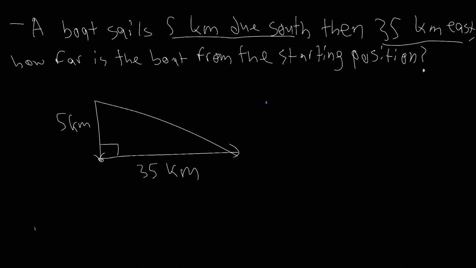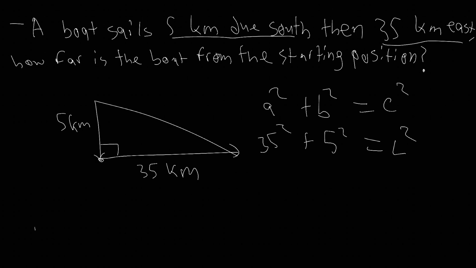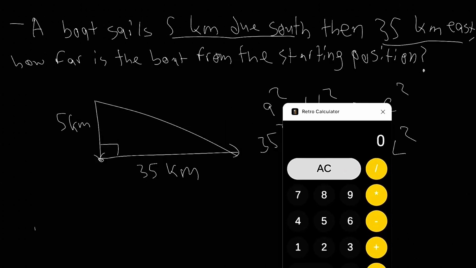Pythagoras theorem, a squared plus b squared equals c squared. And then a and b, the placement doesn't really matter. I can write 35 squared plus 5 squared, or 5 squared plus 35 squared. So 35 squared plus 5 squared gives me c squared. And now for questions like these, I can actually just pop up my calculator.